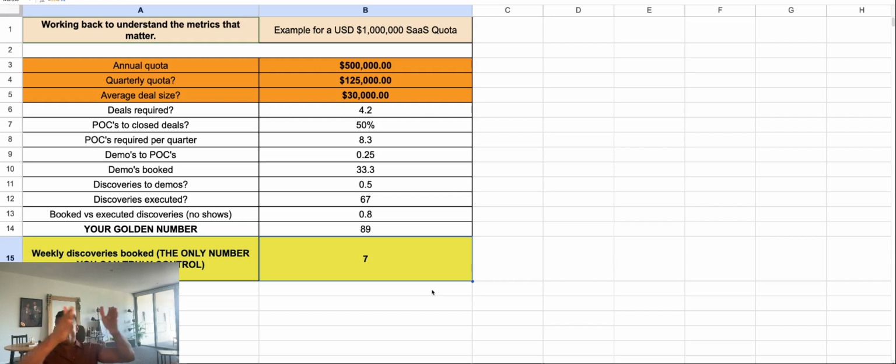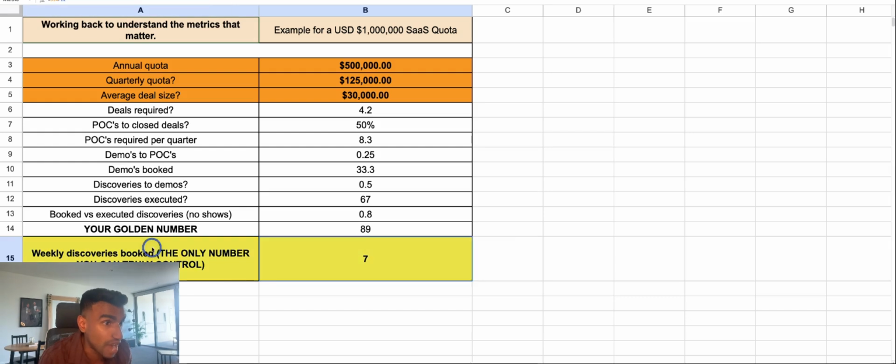So if we look at the course of a year, there's going to be a bit of a volume build-up period, right? You book some discoveries this week, you execute them next week, then that starts the sales cycle. You book discoveries next week, that compounds. So all of this compounds over time. But if you're walking in cold as an account executive and you're trying to make sense of your numbers and go, hey, what do I track every week?